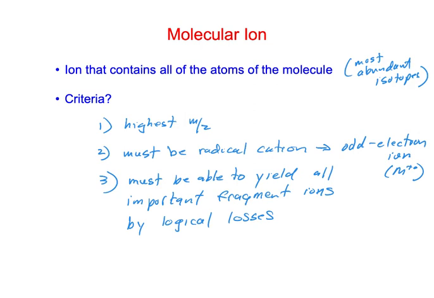So it would be the highest mass to charge, but it may not be a radical cation, and it may not be able to yield the other fragments in the spectrum. That may come from something that was higher, and we can see that. So that's why we have to have those in there. That makes sense.